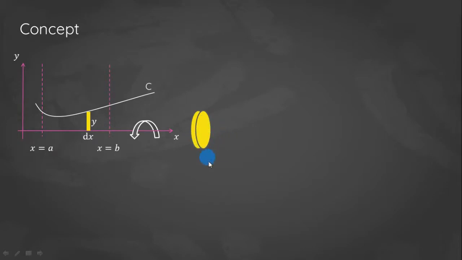From the generated solid, we can find the volume using the formula V equals pi r squared h. Note that from our rectangular element here, the length y becomes the radius of the solid, so this is our y, and the width becomes our height.